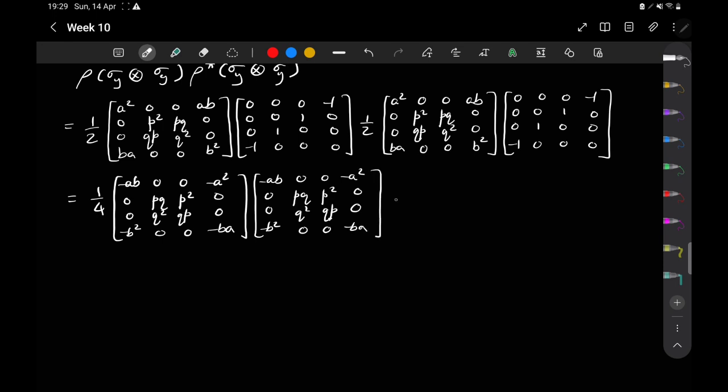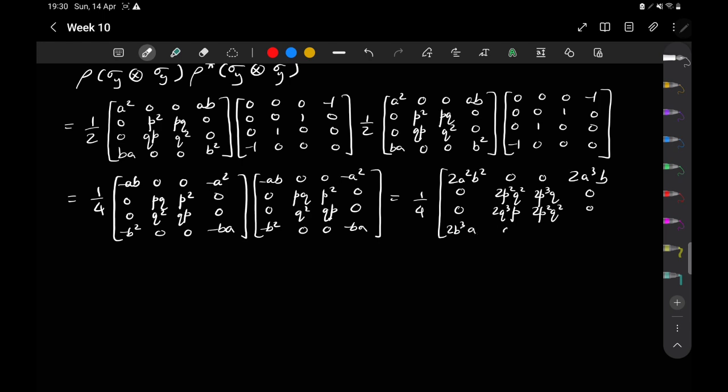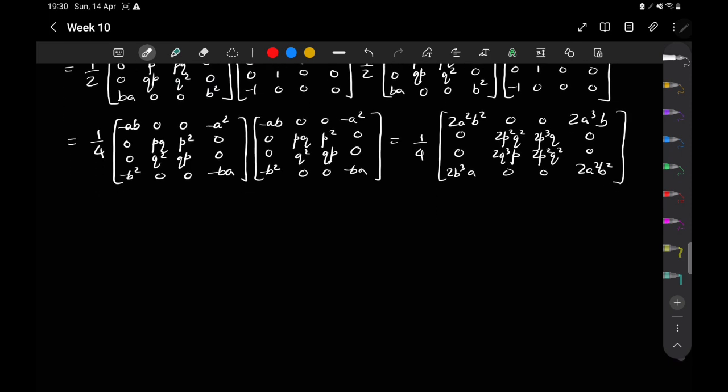And finally, we will get the following. And this 2 and 1 by 4 will cancel to give half. So the final matrix will be as follows.